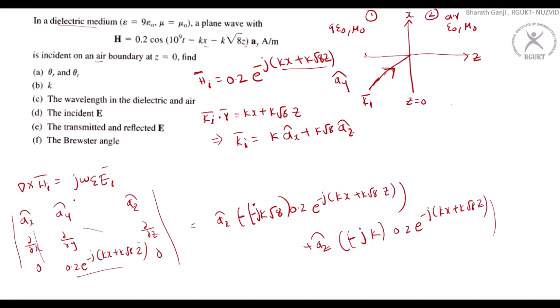So this is your curl. Okay, then you have to divide this whole equation by j omega epsilon. So what is omega?